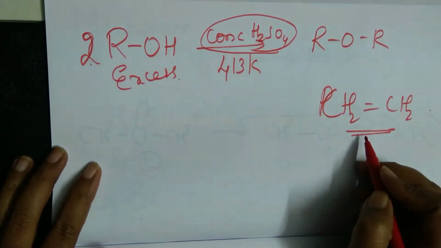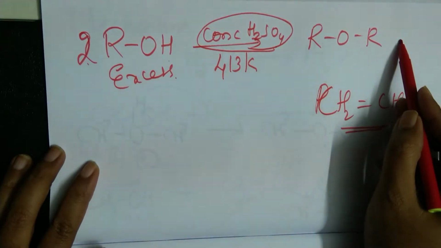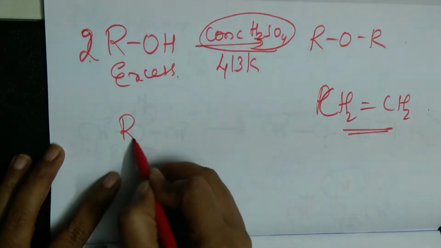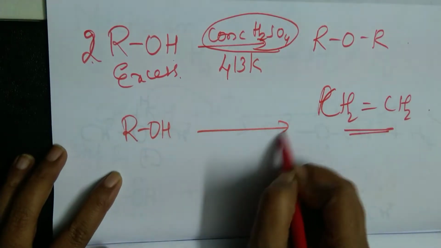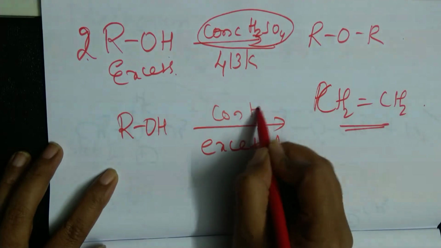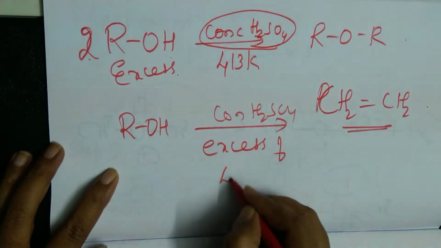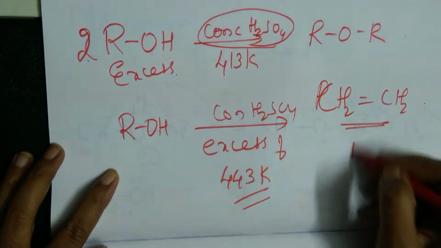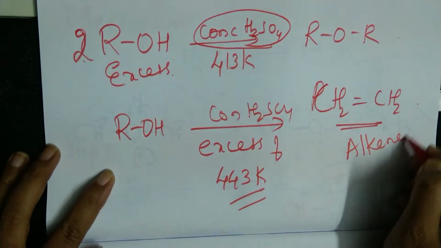Now when are alkenes formed and when are ethers formed? So when are alkenes formed? When you react alcohols with excess of concentrated H2SO4 at a higher temperature around 443 Kelvin, you end up with alkenes.